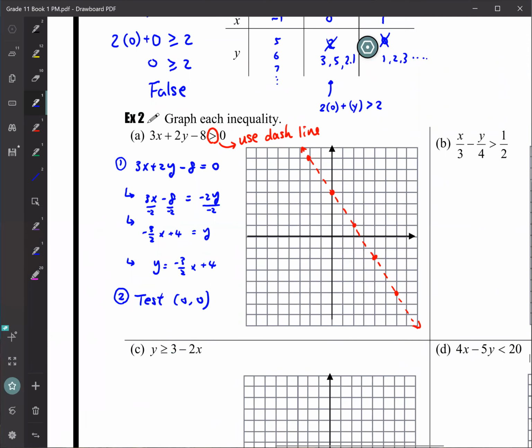To test the point, we need to plug it into the original question, and then check if the answer is true or false. Please find out whether it's true or false and raise your hand.